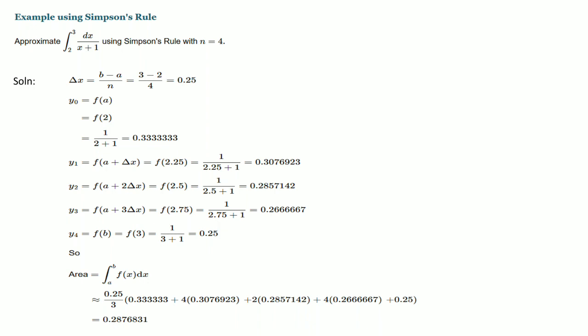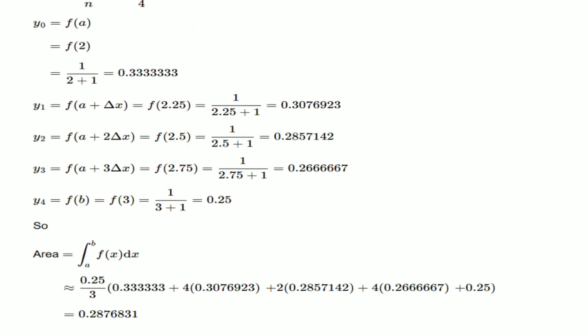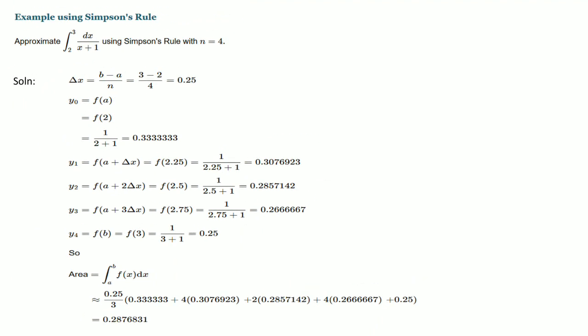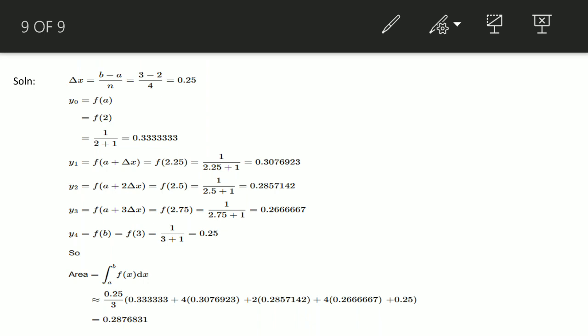In this way the answer obtained is 0.2876831. So this is nothing but Simpson's 1/3 rule. One thing you have to keep in mind is that this is applied only when n is an even number, that is, the number of steps is even. Thank you.